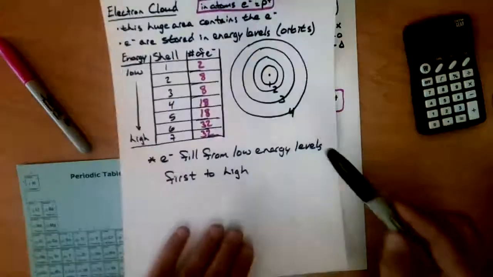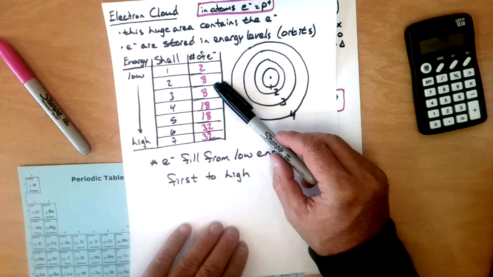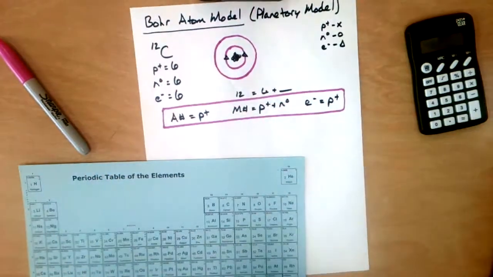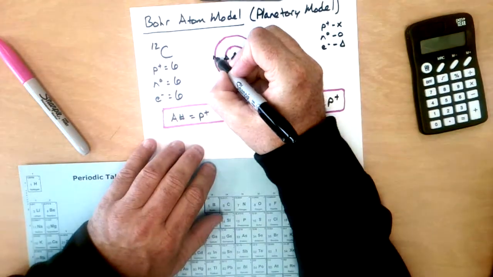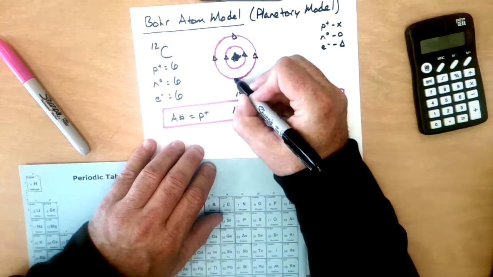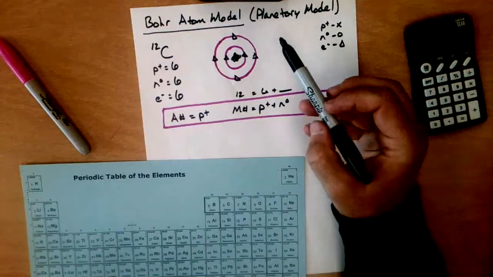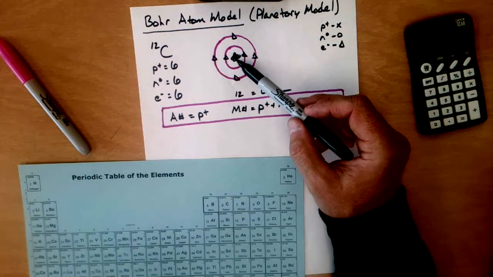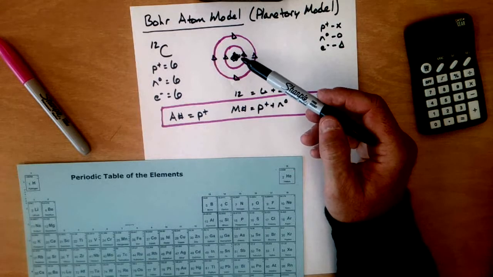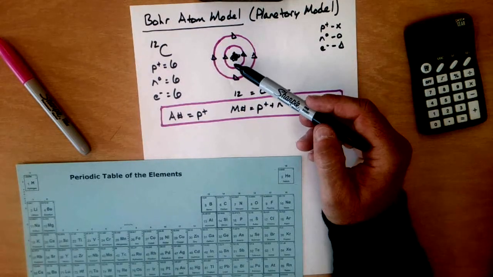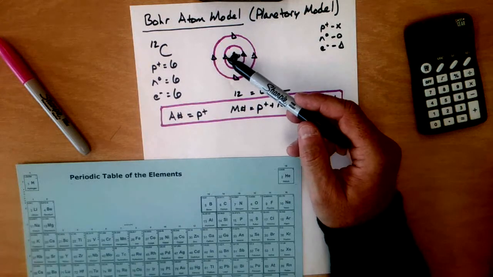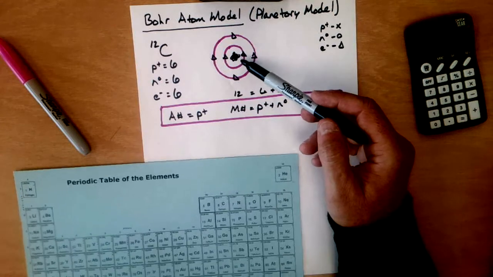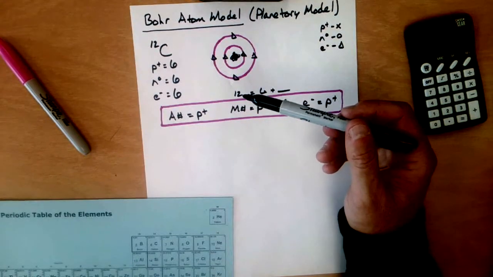Energy level 2 could hold 8. It could also hold less than 8. And in this case, since I've already used 2, I have 4 more to go. It'll have 4. And now we're finished. We have 6 X's in the middle, 6 O's in the middle, and then 6 triangles around the nucleus in such a way that we have our energy levels filled correctly. 2 in the first energy level, and then 4 in the next.